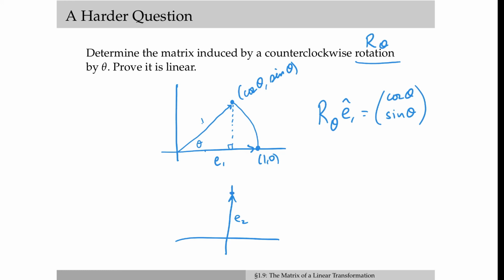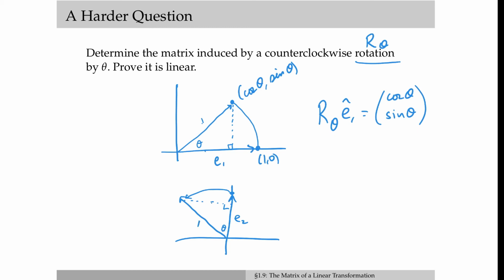All right, let's look at E2 now. Now, I'm saying E2 and E2 hat and E1 and E1 hat interchangeably. I mean the same thing for all of this. I'm not trying to confuse you, even though it probably is confusing. All right, so I'm rotating this vector here by theta counterclockwise again. So, whoop, like that. That again makes a right triangle. Now be careful here. The sine of theta is opposite over hypotenuse.